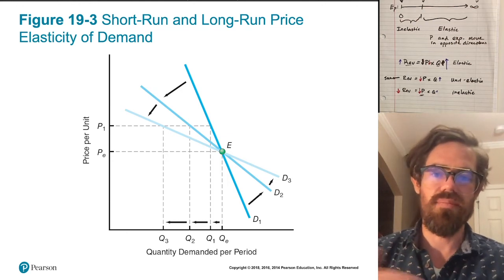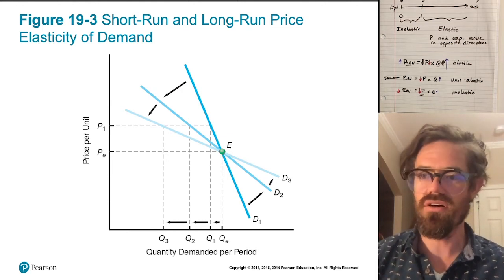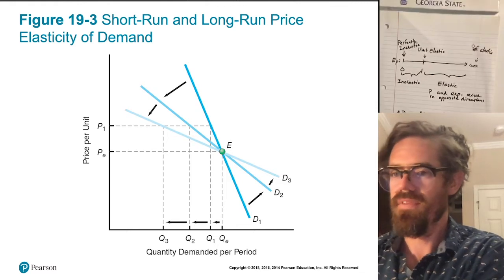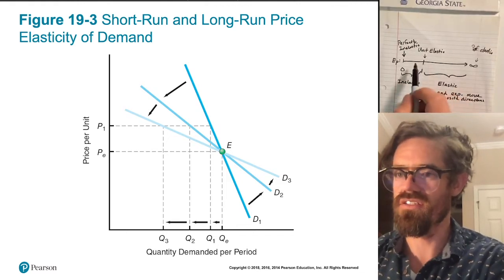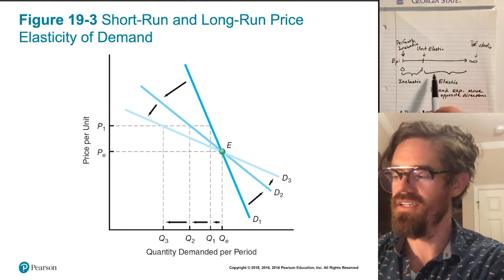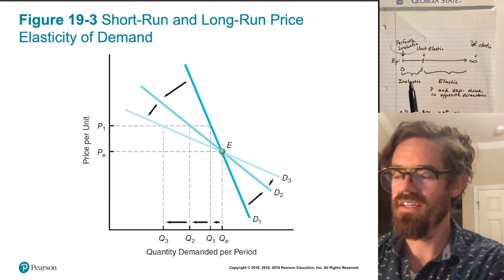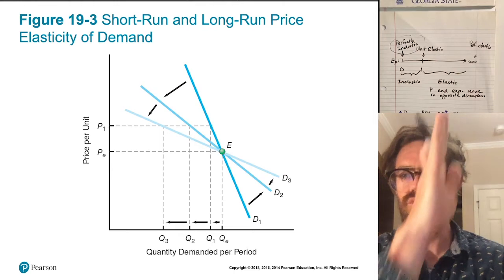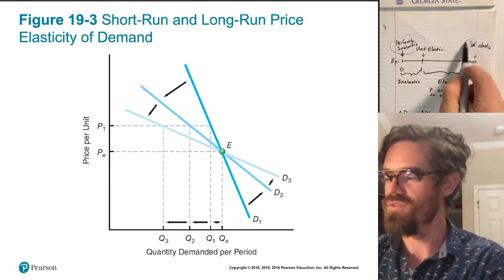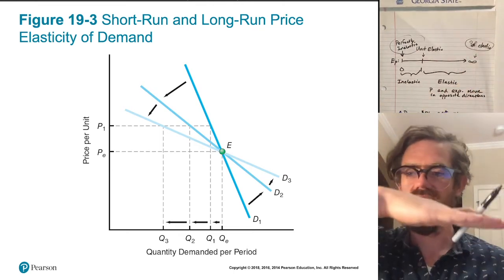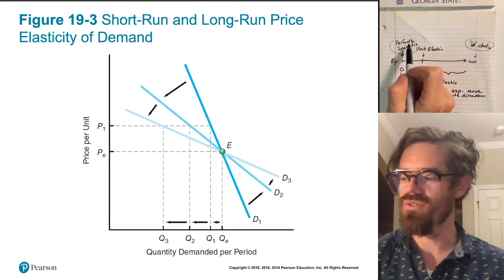And relating that back to the slope, right? So recall that in our different classifications of elasticity, we looked at the extremes. There was perfectly inelastic, which was the horizontal demand curve, and there was perfectly elastic, which was the I'm sorry, did I say horizontal?